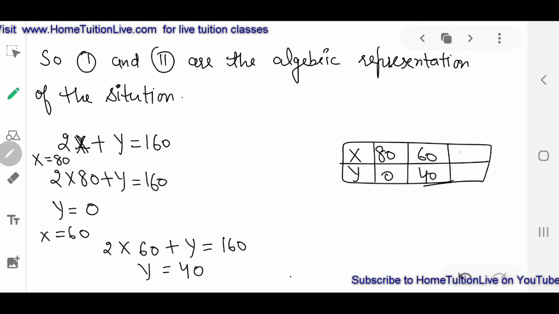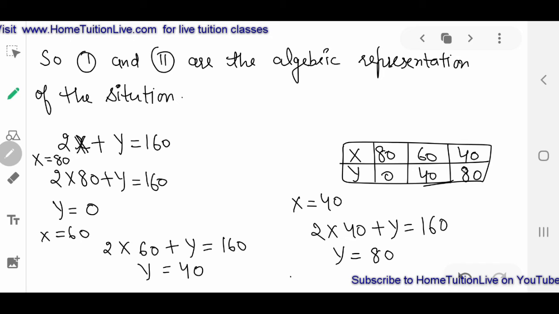Now suppose x is 40. If x is 40, then 2 into 40 plus y is equal to 160, then y is equal to 160 minus 80, that is 80. So these are the three solutions for the first condition.